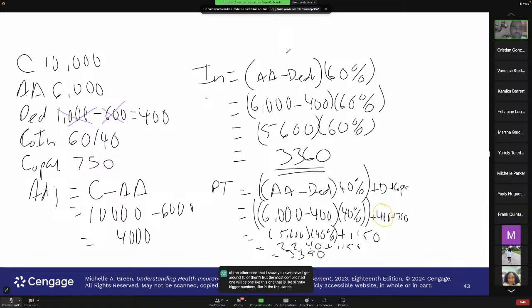The deductible, it will tell you that they have paid some part of it, so you need to calculate that deductible first. It will have a co-insurance where the patient and the insurance are close, like 60/40, a high co-payment, and then a little bit of calculation. Yes or no?